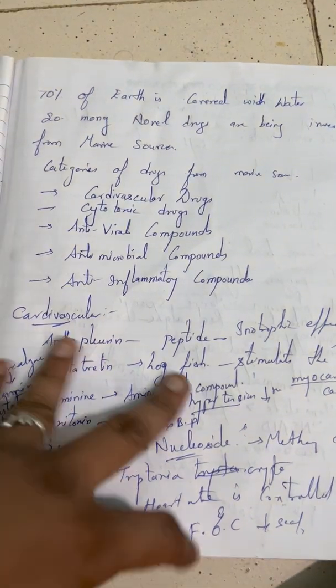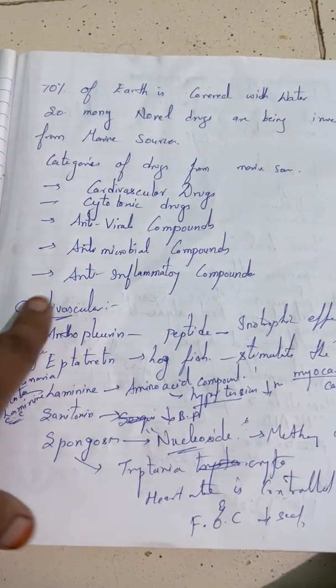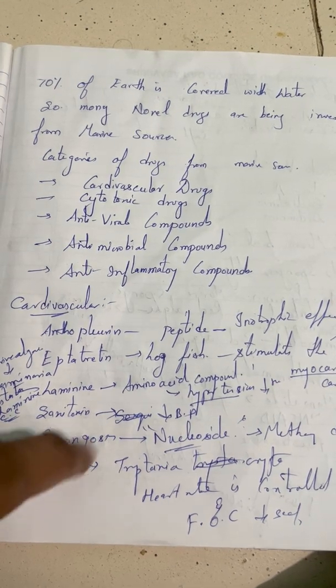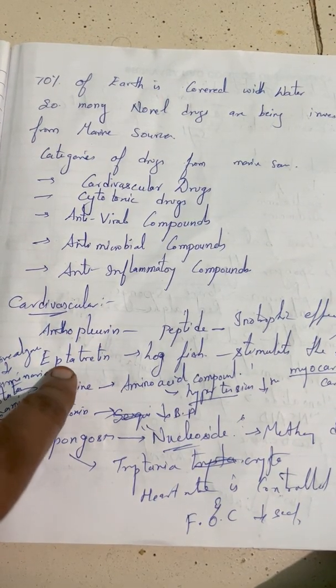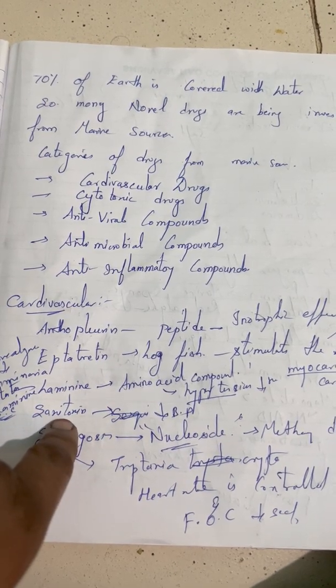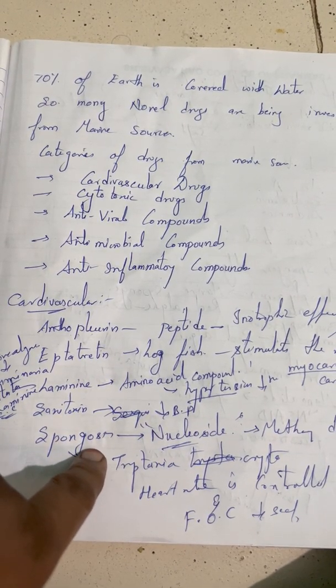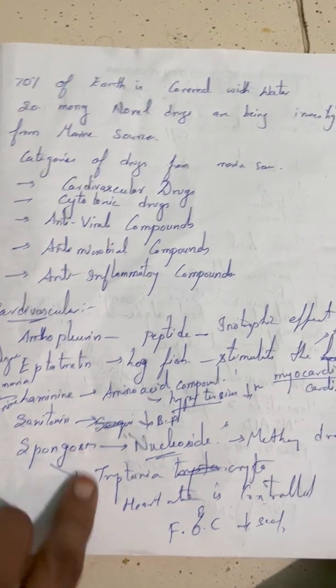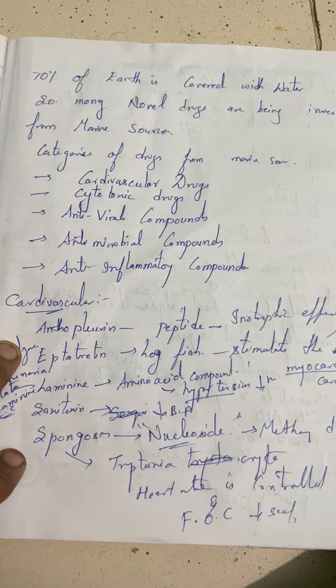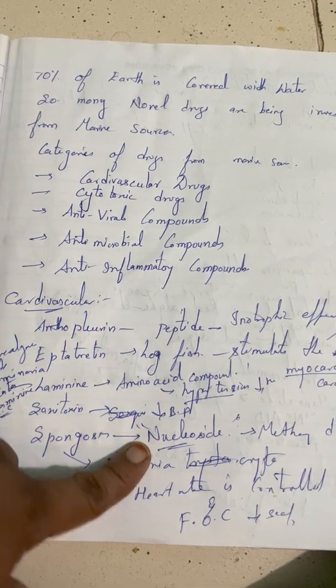First, cardiovascular. These are the drugs obtained from marine sources: anthoplurin, eptatretin, laminin, sanitoxin, spongosin. These drugs are helpful in curing cardiovascular diseases.